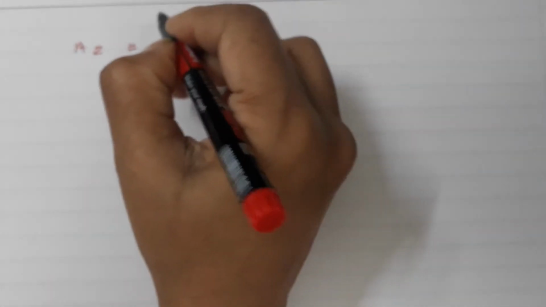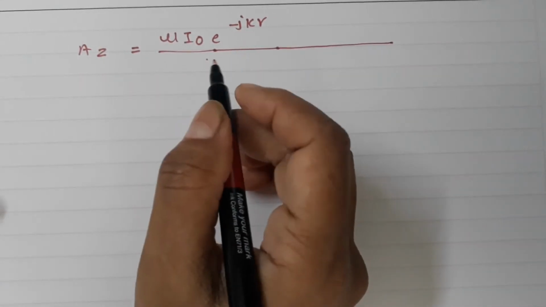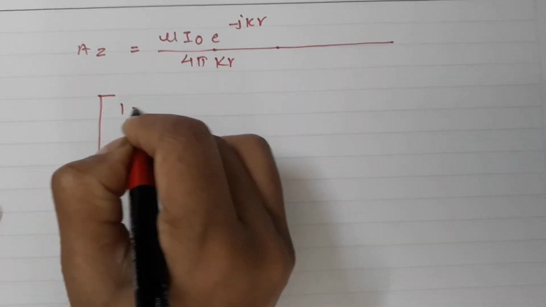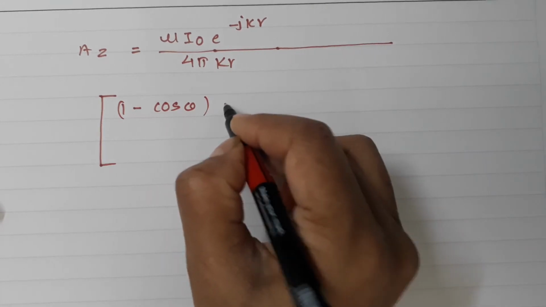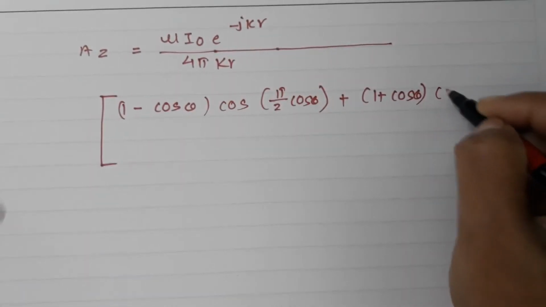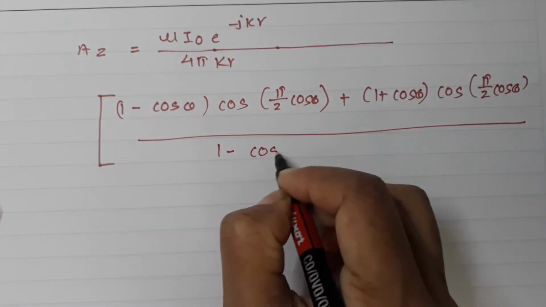Now when you put all those things in the equation, I can write Az equal to μ I0 e^(-jkr) divided by 4πkr, times [(1 - cos θ) cos(π/2 cos θ) + (1 + cos θ) cos(π/2 cos θ)] divided by (1 - cos²θ).